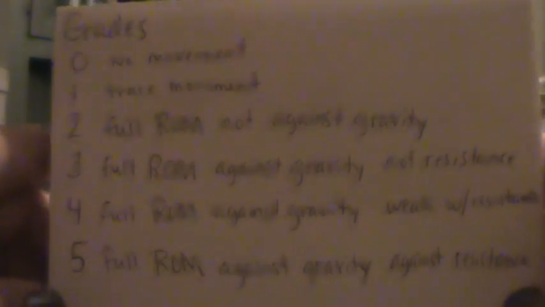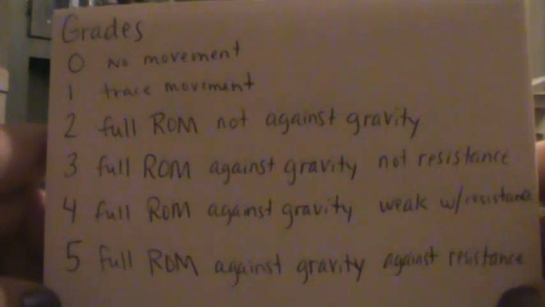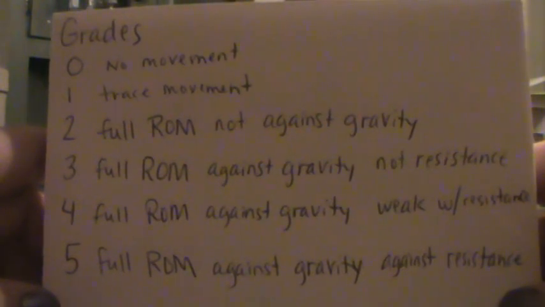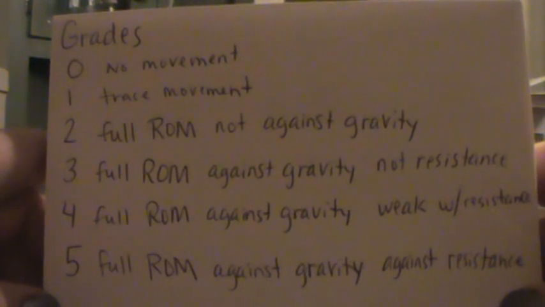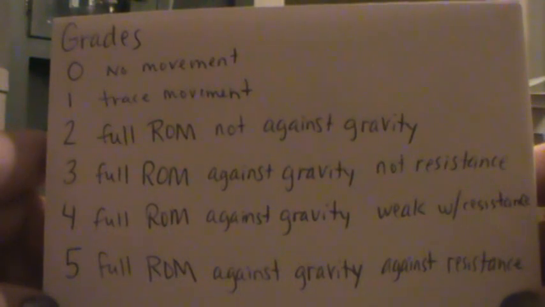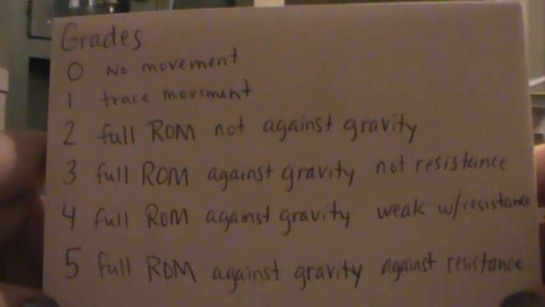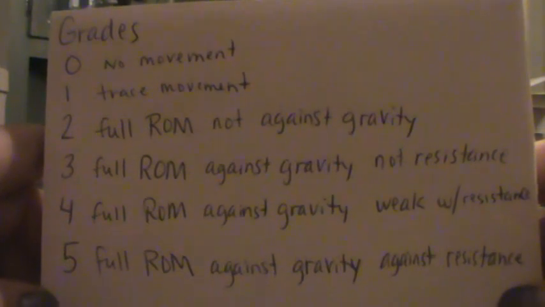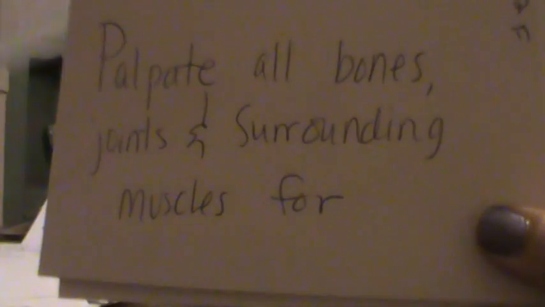It is graded from 0 to 5. 0 indicates that there's no movement. 1 is trace movement. 2 is full range of motion but not against gravity. 3 is full range of motion against gravity but not resistance. 4 is full range of motion against gravity, weak with resistance. And then 5 is normal. It is your full range of motion against gravity and against resistance.